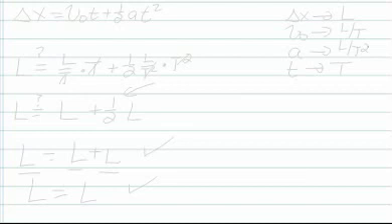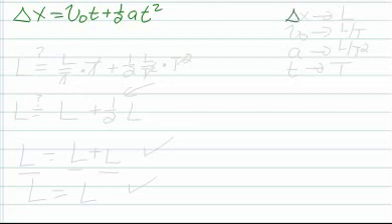Let's use this equation. Delta x equals v0 times t plus 1/2 a t squared. To do this, you have to know the dimensions of each of those quantities. Since this is early in the course, they'll be provided for you.